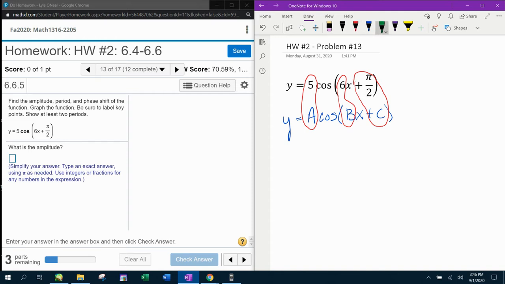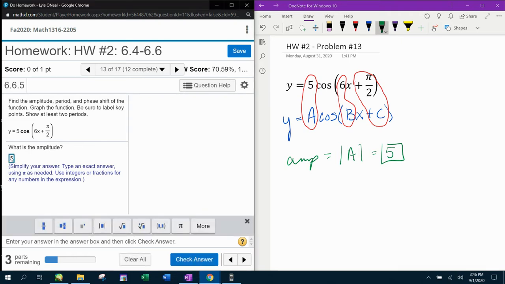And with that information, we can start to find the amplitude, which is the absolute value of a. So in this case, the absolute value of 5 is 5, and that gives us an amplitude of 5.